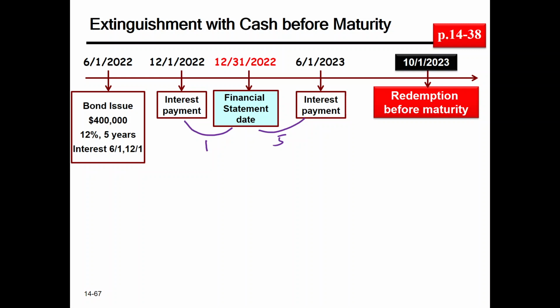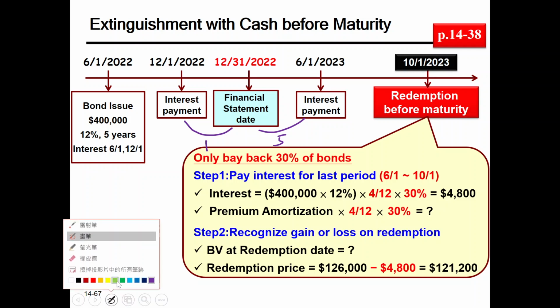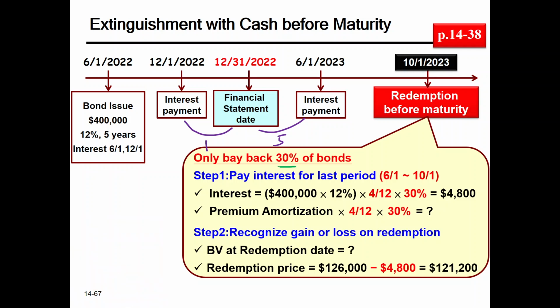But you buy back the bond only 30%. So remember, when you calculate all the numbers for the bond you buy back, only 30%. So based on 30%, you should calculate all the numbers you need.